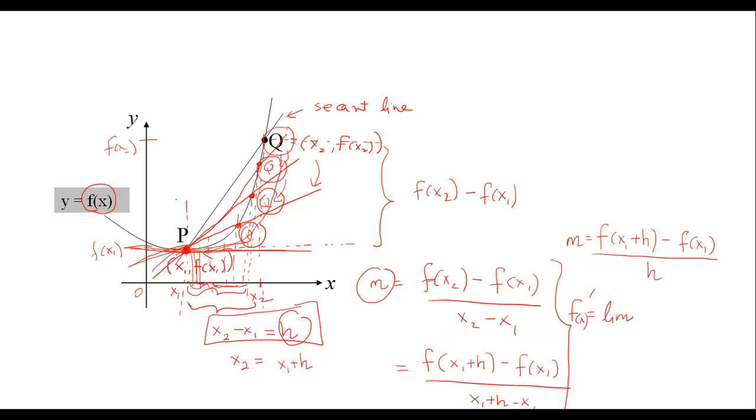I have this function, but now I reduce my H and make sure that my H goes almost to zero. So this is my tangent line, and tangent line is just a differentiation, or also the critical point where you have your value on your y. Basically this is what we call the first principle of differentiation.